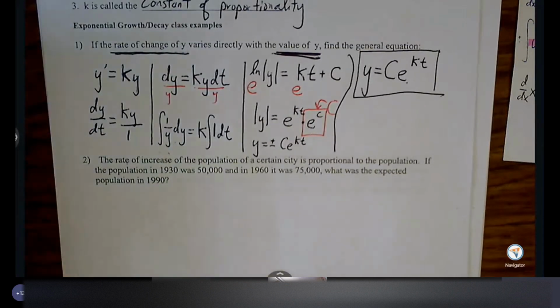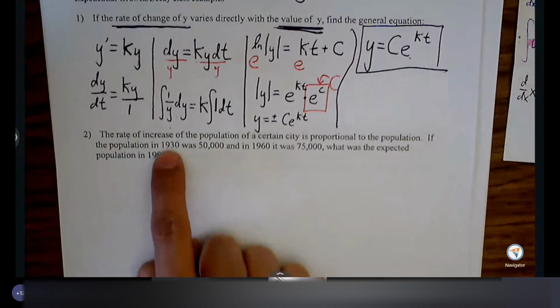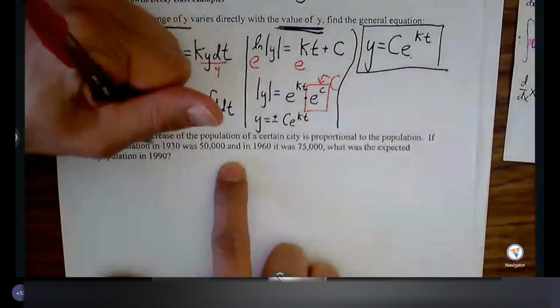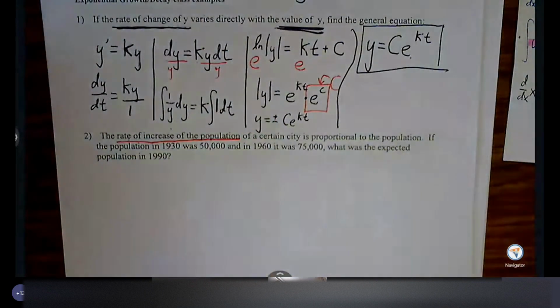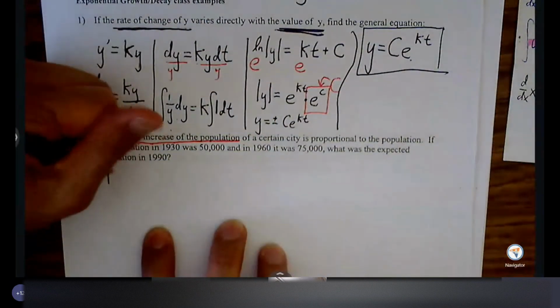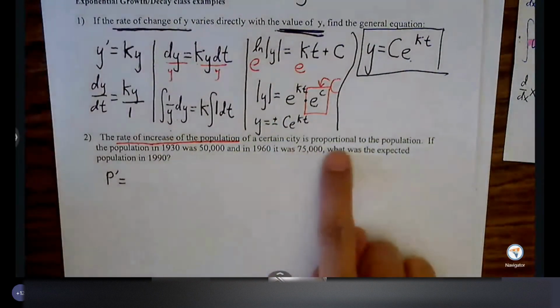All right, number 2. Let's read the question and see if we can create an equation out of it. The rate of increase of population, we know it's population related, but rate, so I'm going to call that P prime, is proportional.